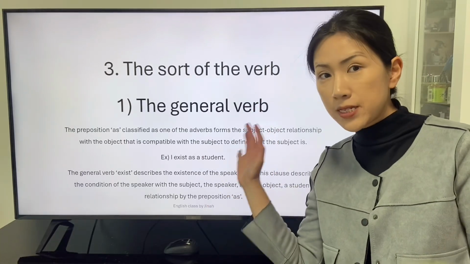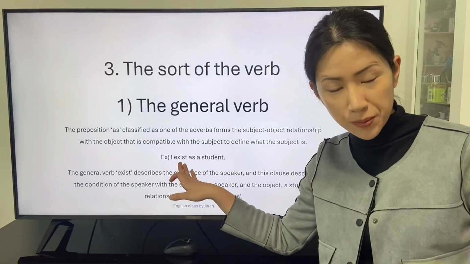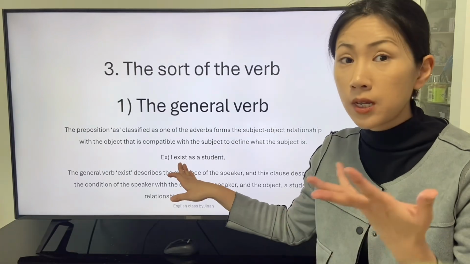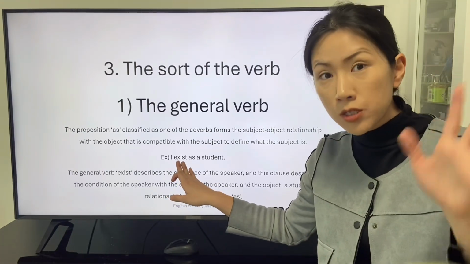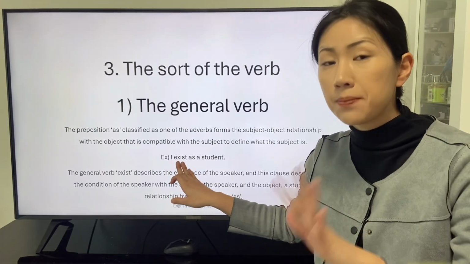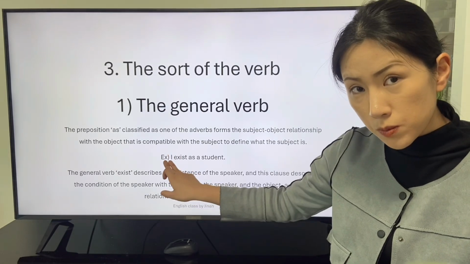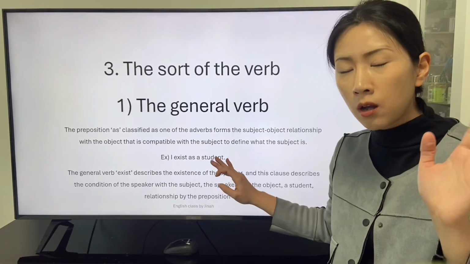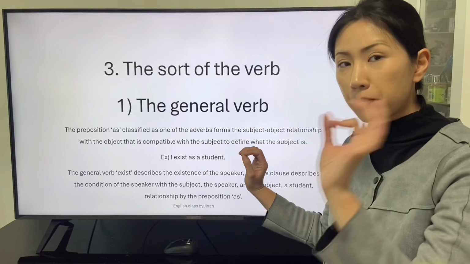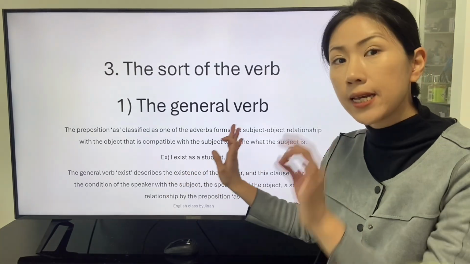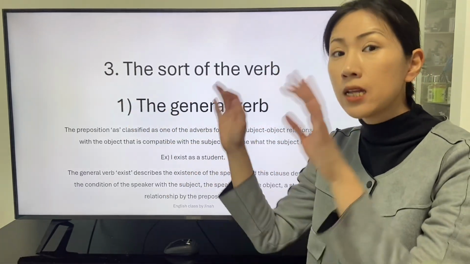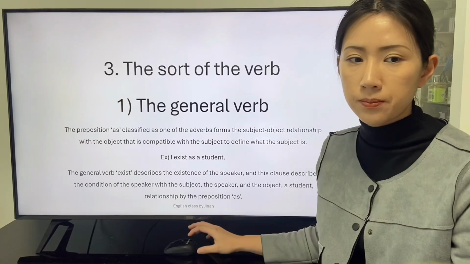So an adverb describes the general verb exists, and the general verb exists describes the subject. So the phrase of the preposition describes the subject indirectly via the general verb exist.